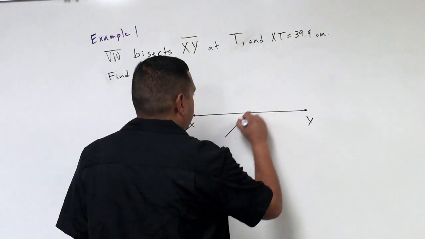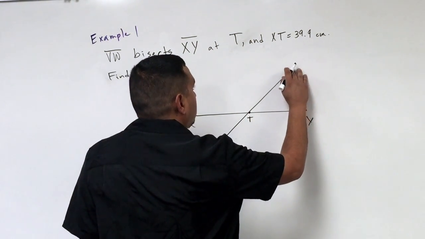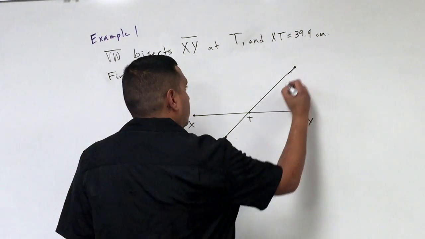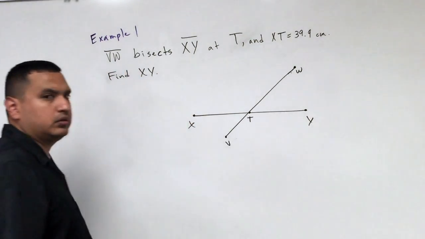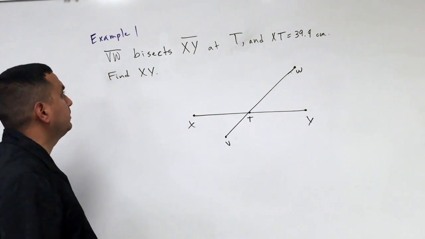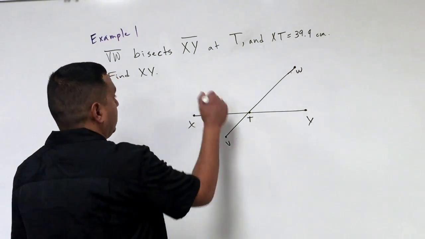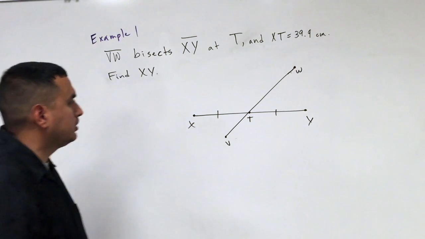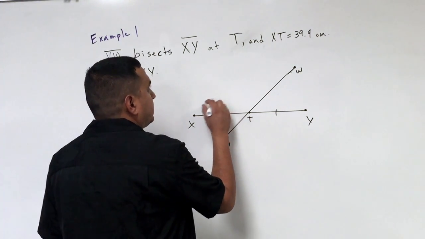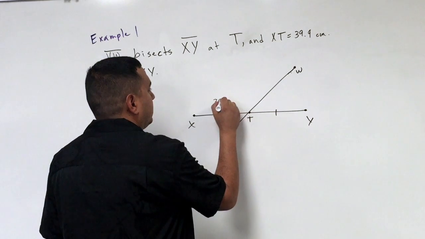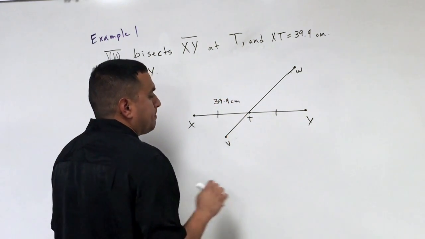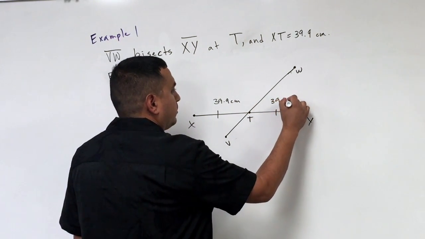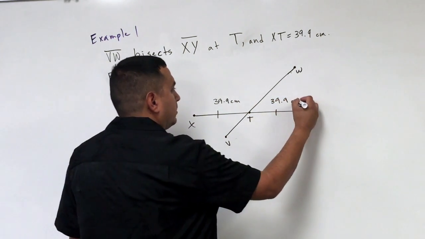And then my segment VW looks something like that. Since it bisects, remember that means these two pieces are congruent. And so the length of XT is 39.9 centimeters. So that means because T is the midpoint, this side is also 39.9 centimeters.